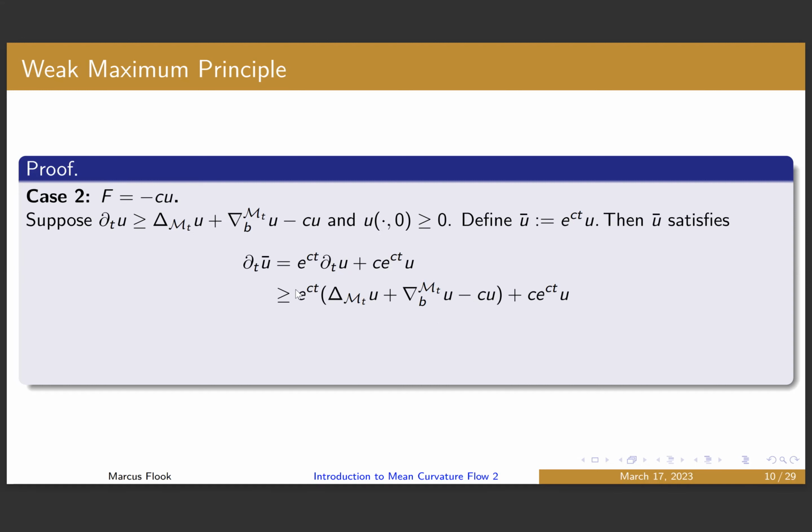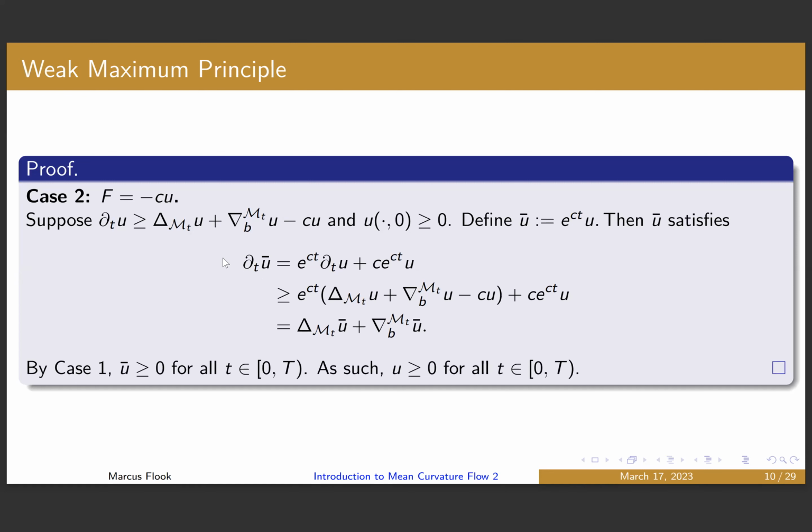What I should also point out is that, yes, I've kept the e to the ct here factored out, but we can pass that into the spatial derivatives because it's just a time-dependent function. So we can see here that u bar satisfies the case given before in case 1.